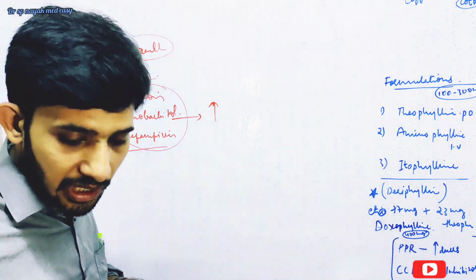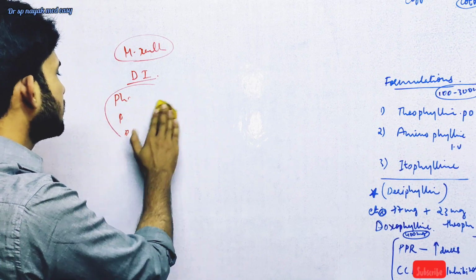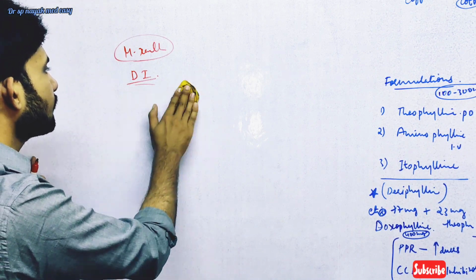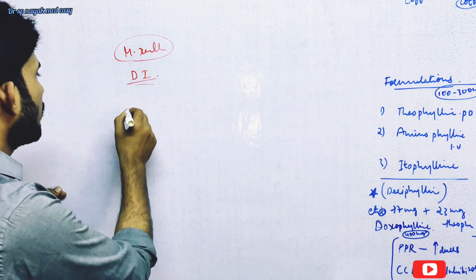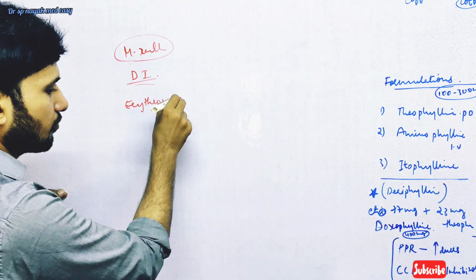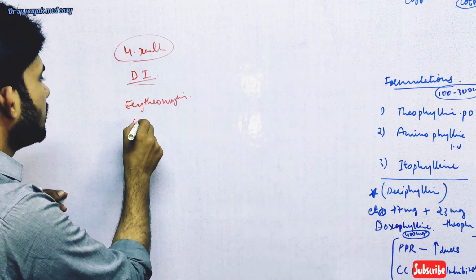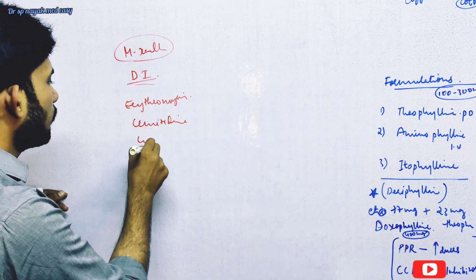And we have some drugs which inhibit the hepatic cytochrome P450 enzymes. In that we have erythromycin, cimetidine, and ciprofloxacin.